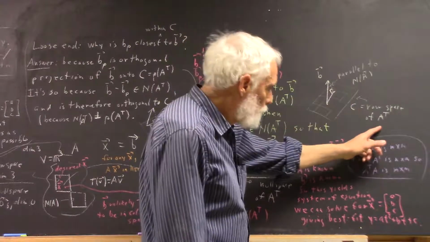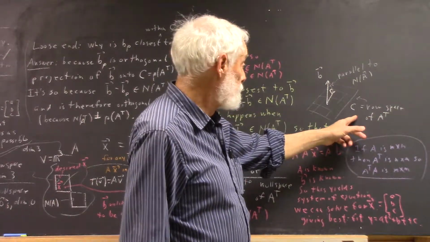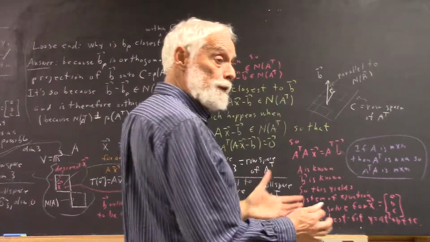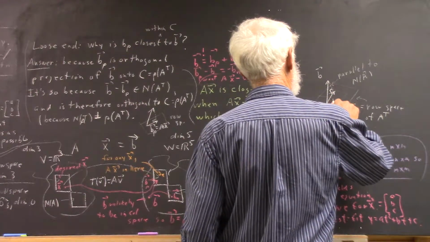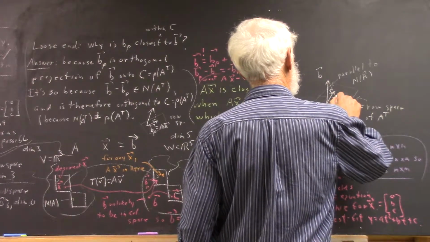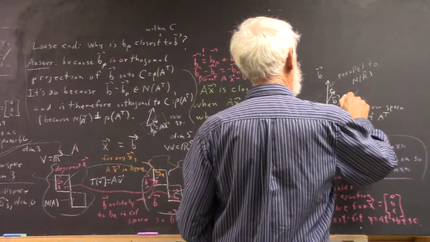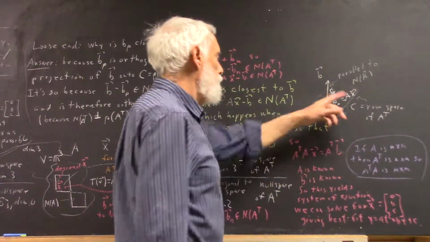Since the null space is orthogonal to the row space of A transpose, or the column space, this vector that we get here is the vector that we want. This is our vector that I've called B sub row, and that's got to be equal to our AX vector.